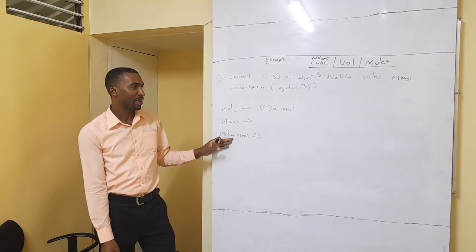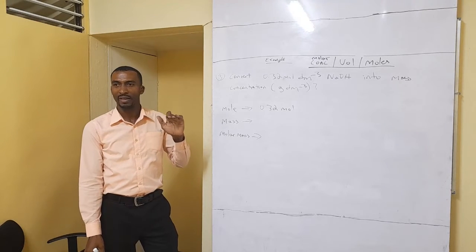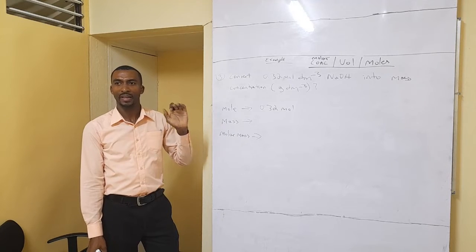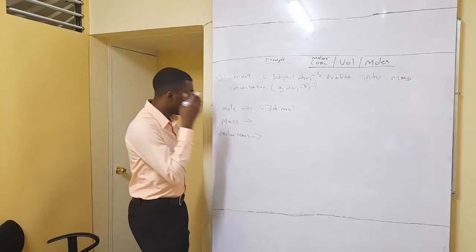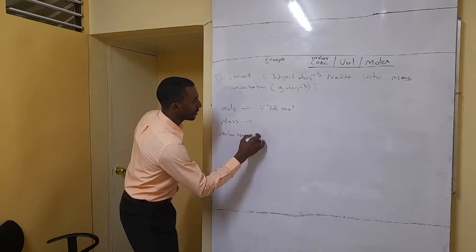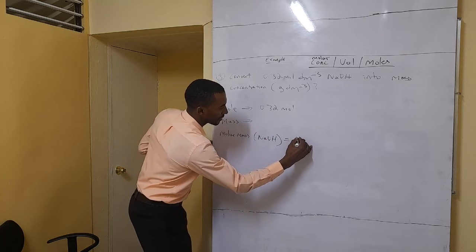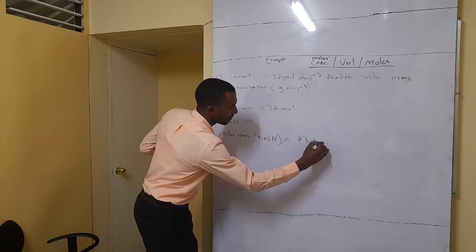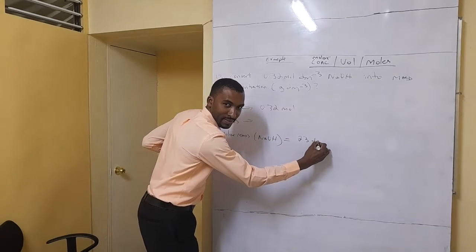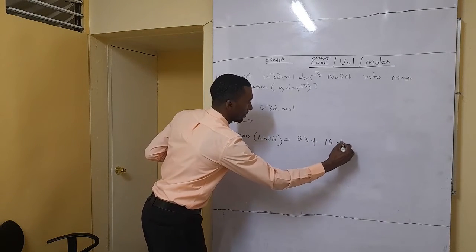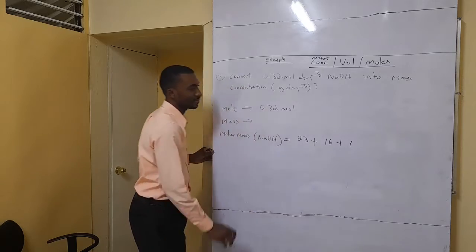Remember that the molar mass is the relative molecular mass or the relative formula mass of a compound expressed in grams. So the relative molar mass of sodium hydroxide is going to be: sodium is 23 plus oxygen is 16 plus hydrogen is 1.